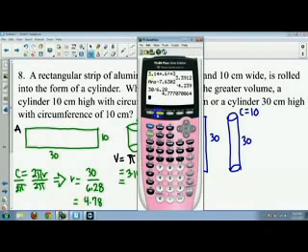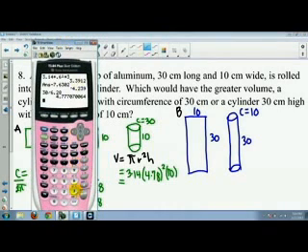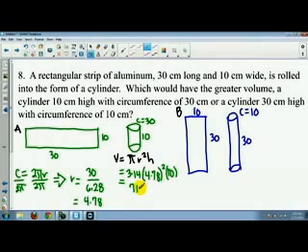That gives you 3.14 multiplied by 4.78 squared times 10. The volume is 717.44 centimeters cubed.